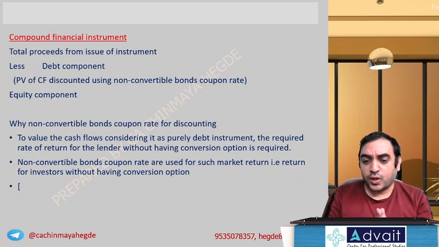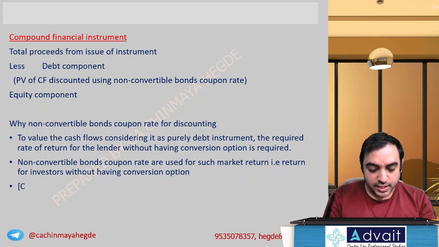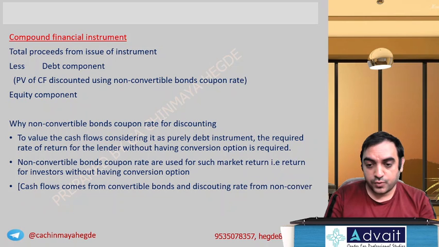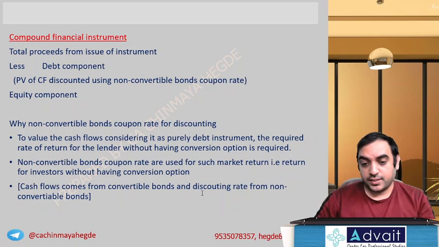We discussed so much concept, but the one line answer is: cash flows come from convertible bonds and discounting rates from non-convertible bonds, the non-convertible financial instrument.